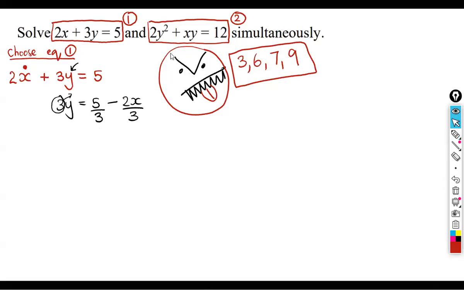So take down the evil numbers and everyone quickly make X the subject for me. And of course, you have to put down that instruction for the examiner. You're going to let him know, hey, choose equation 1 and we make X the subject.